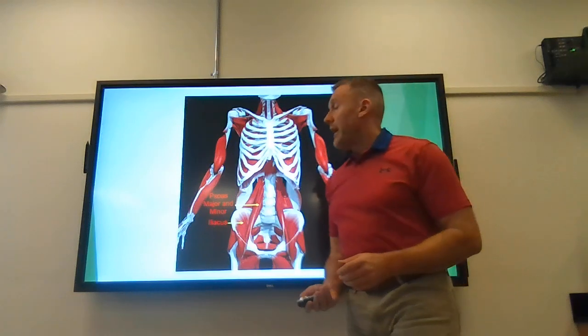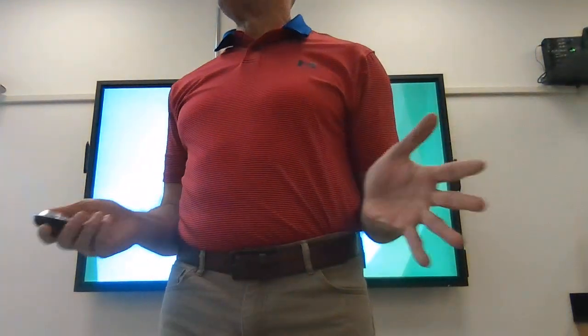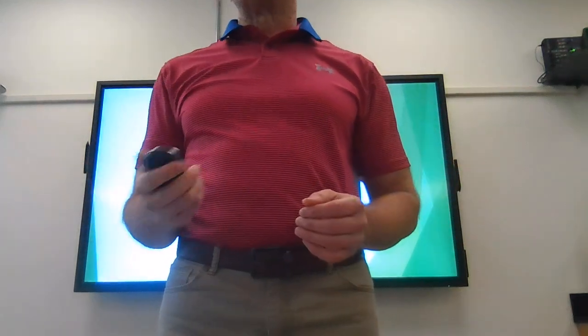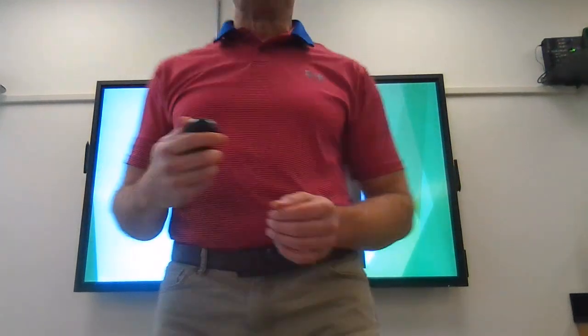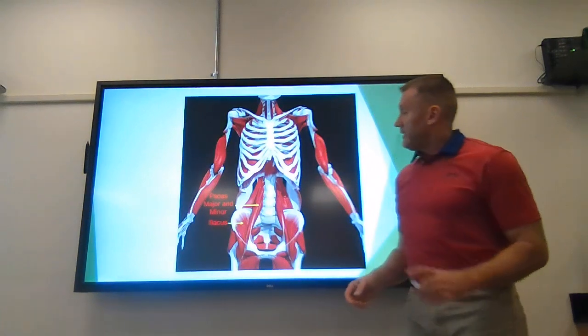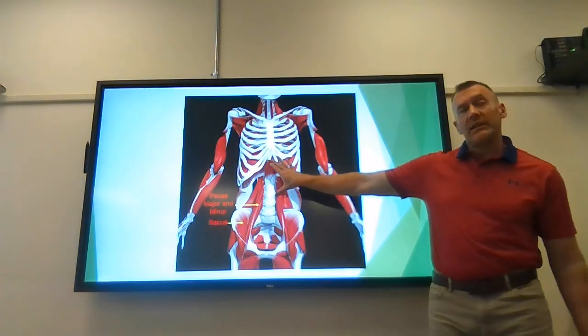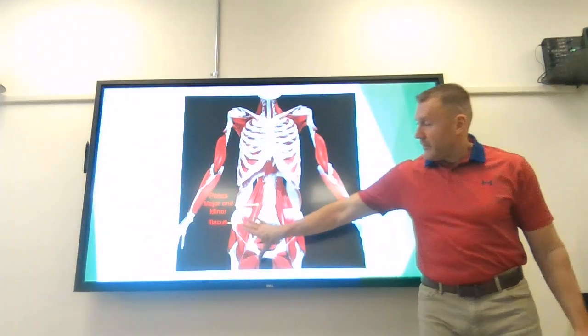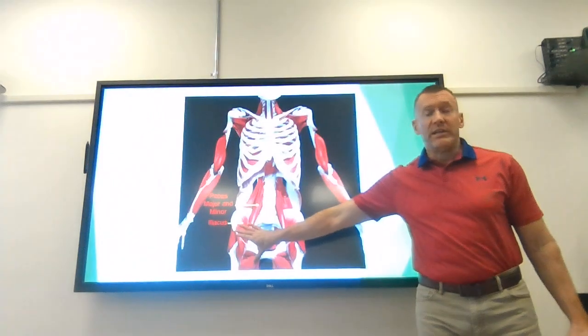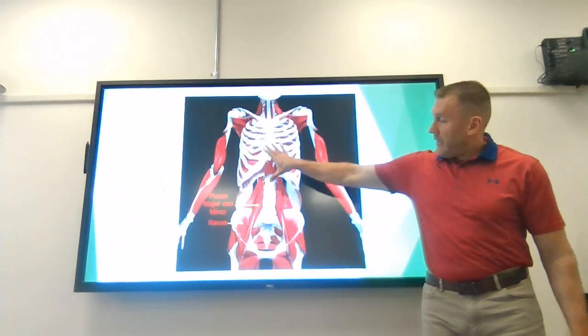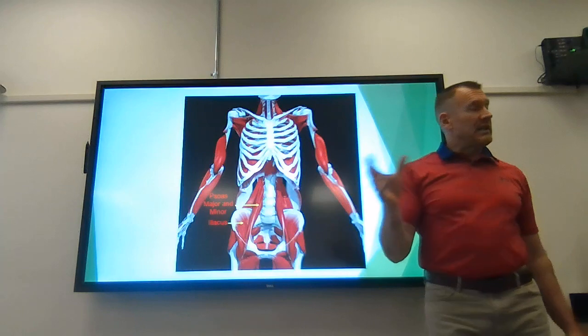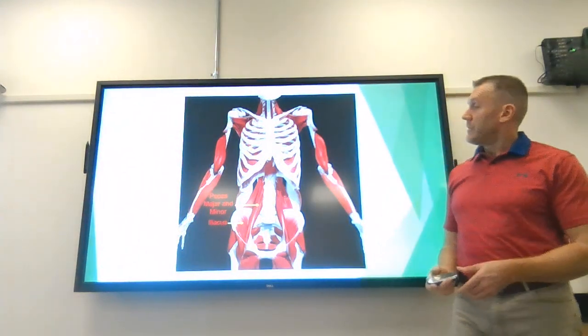Also psoas major and minor. These transmit force from the axial to the appendicular skeleton. They originate on parts of the axial skeleton, and they insert down here on the appendicular skeleton. So these muscles are especially effective at transmitting force to the lower extremities.